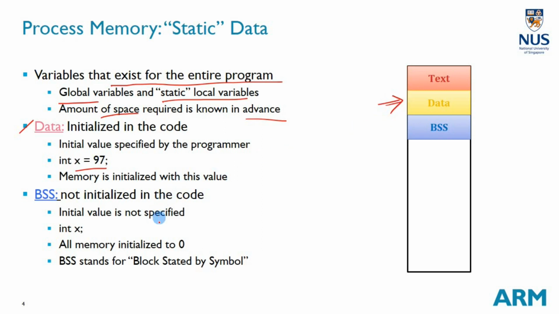How about global variables or local static variables that are not initialized? So in this case, for example, integer x over here, this integer x will go into this segment called the BSS, and BSS stands for block started by symbol. And by default, all these data variables stored in the BSS segment are initialized to 0.